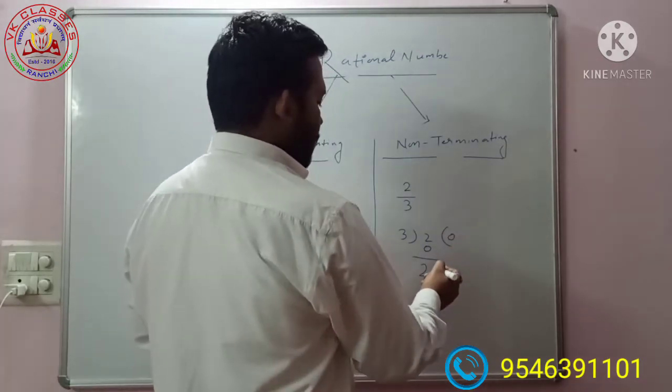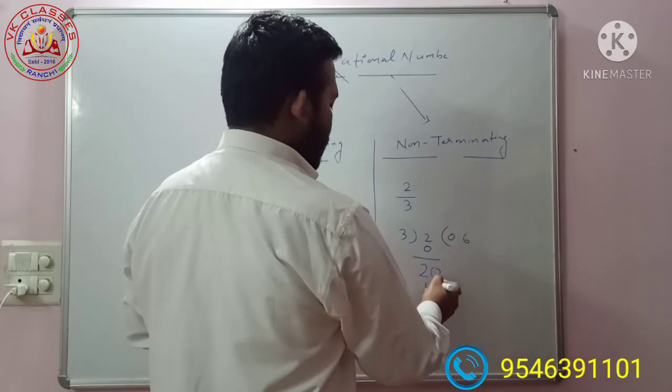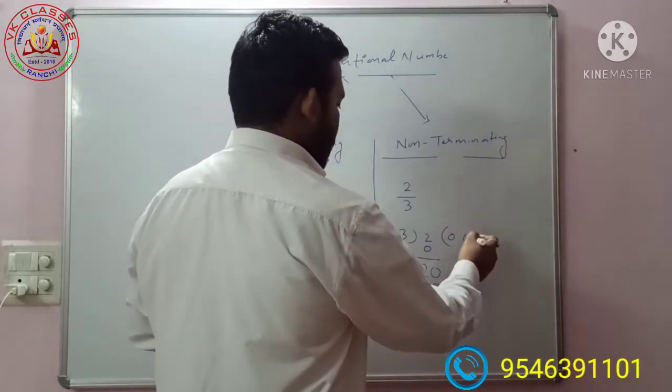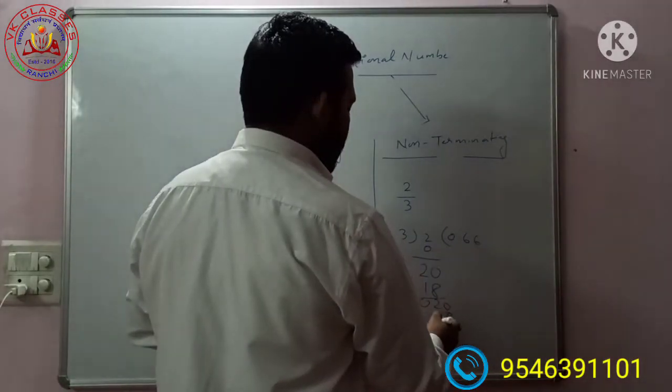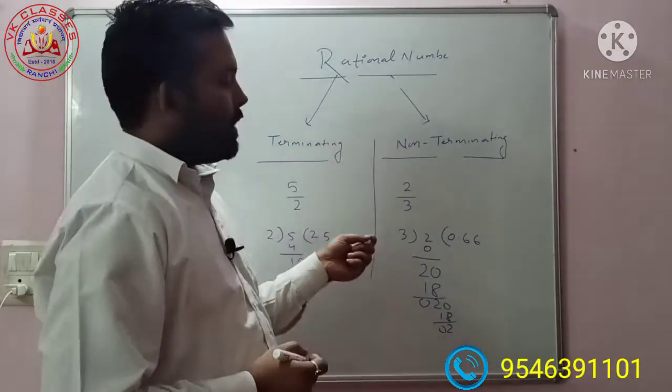After putting the decimal, I can put 0. 3 6s are 18, again 2, 0, 6 3s are 18, meaning 2 is not going to end. Always we will get the remainder 2.